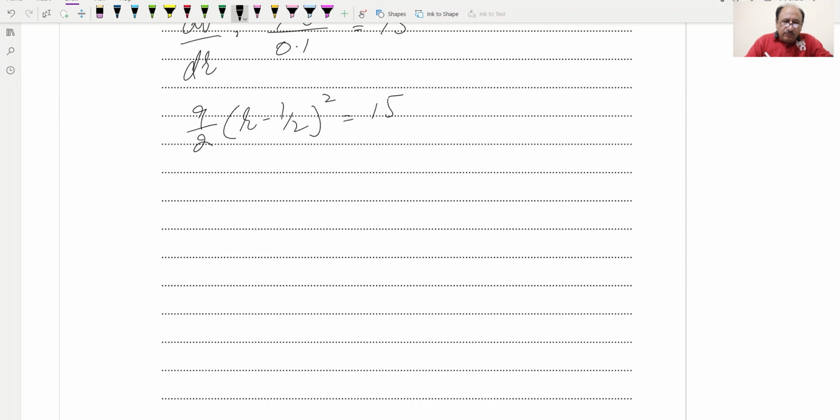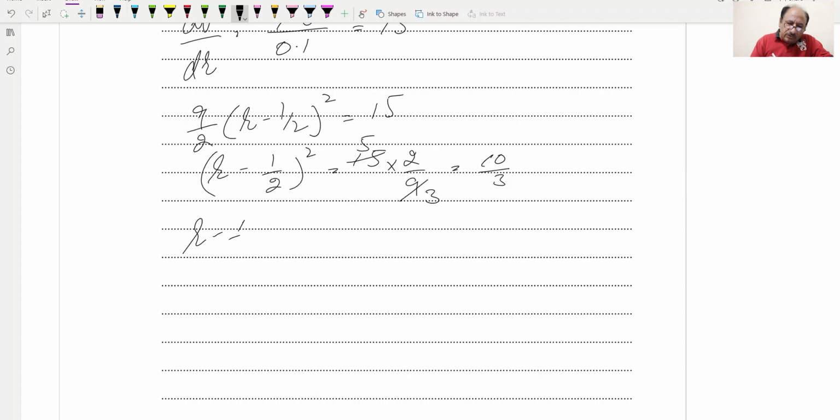And now we will be looking for the value of r. First of all, we'll be shifting this. So r minus 1 by 2 squared is equal to 15 multiplied by 2 over 9, and 3 3s are 9, 3 5s are 15. This will be equal to 10 over 3.